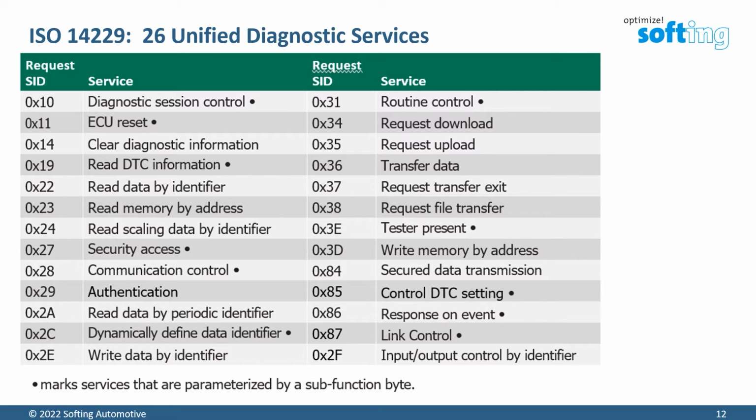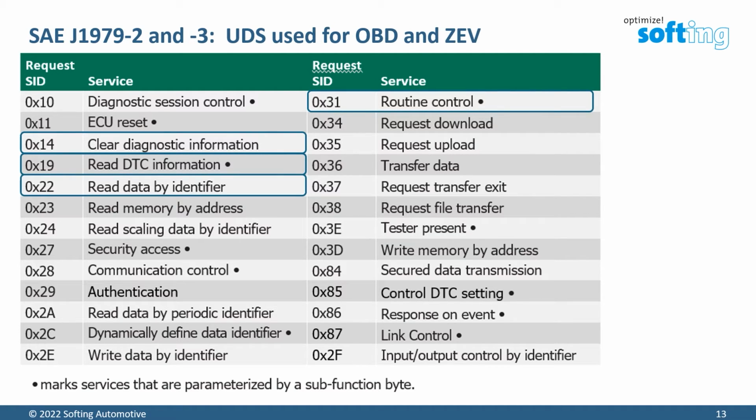Services that are marked with little dots are parameterized by a subfunction byte, which is 1 byte subfunction. The other services are parameterized by 2 byte data identifier. This slide shows the 4 services that are reused for OBD and ZEV purposes on UDS.